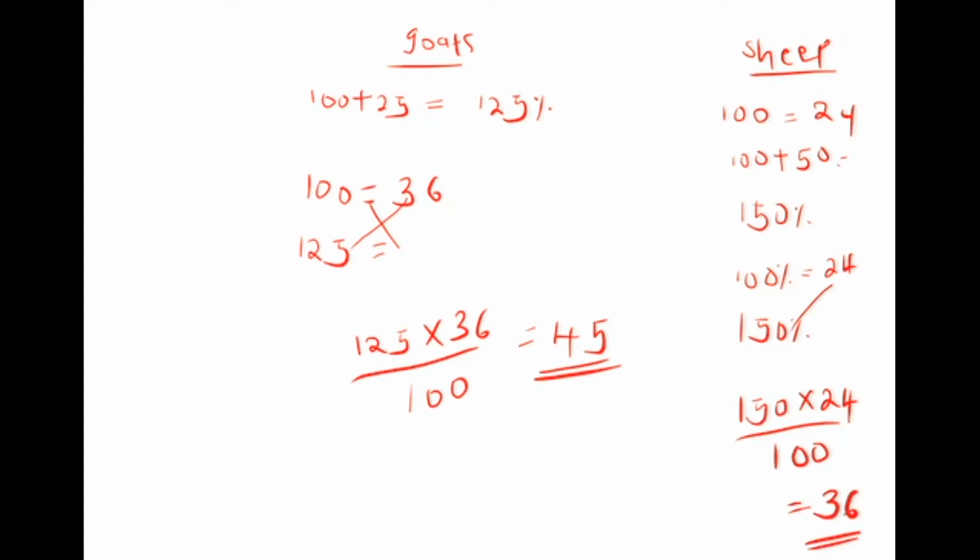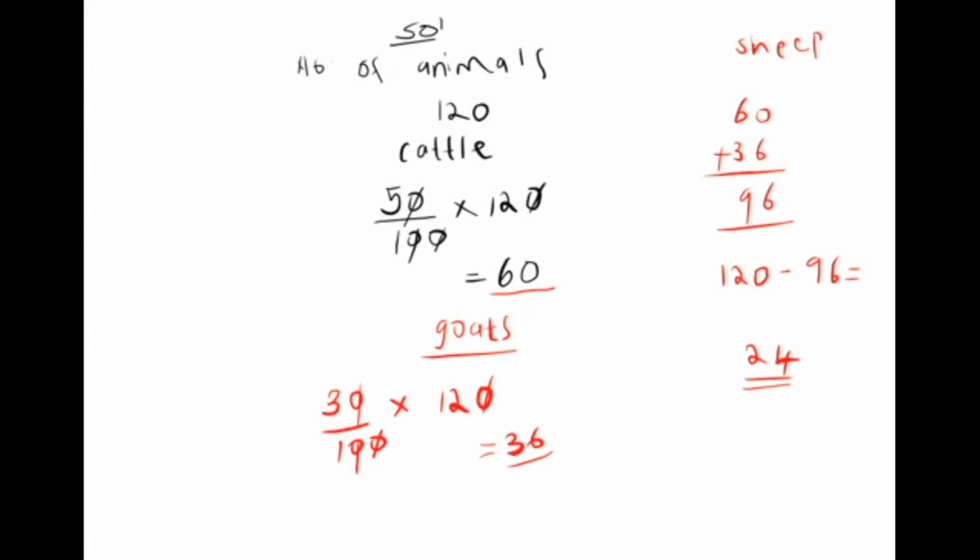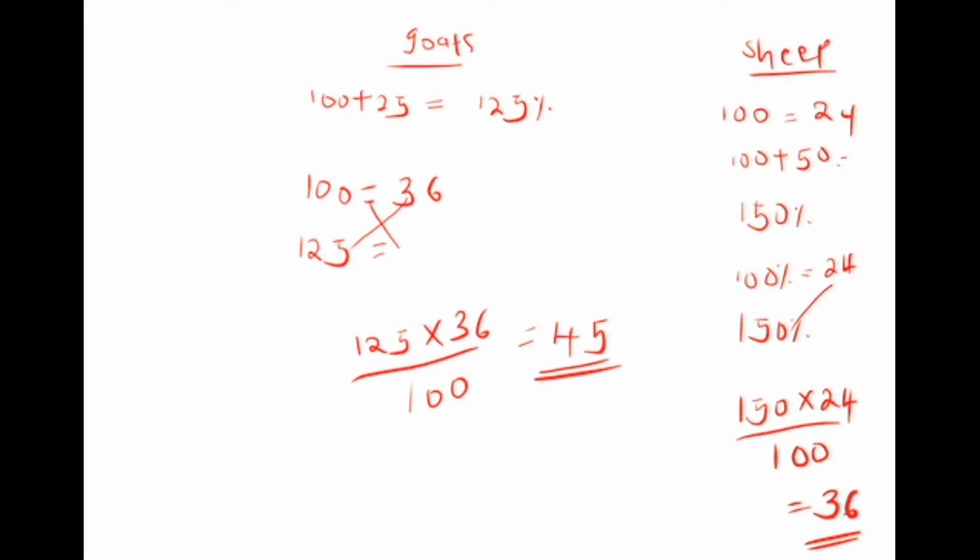We are told that the number of cattle decreased by 20%. Therefore, we shall take 100 minus 20, since it decreased. We get 80%.